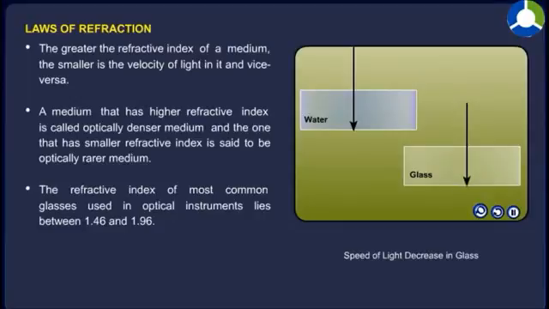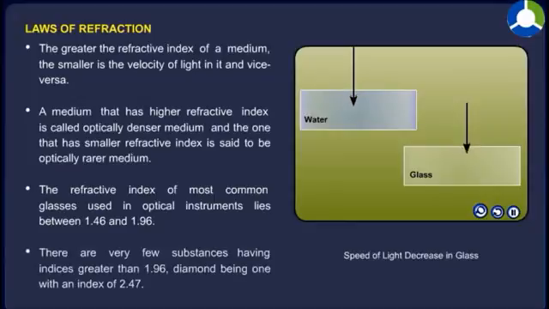The refractive index of most common glasses used in optical instruments lies between 1.46 and 1.96. There are very few substances having indices greater than 1.96, diamond being one with an index of 2.47.